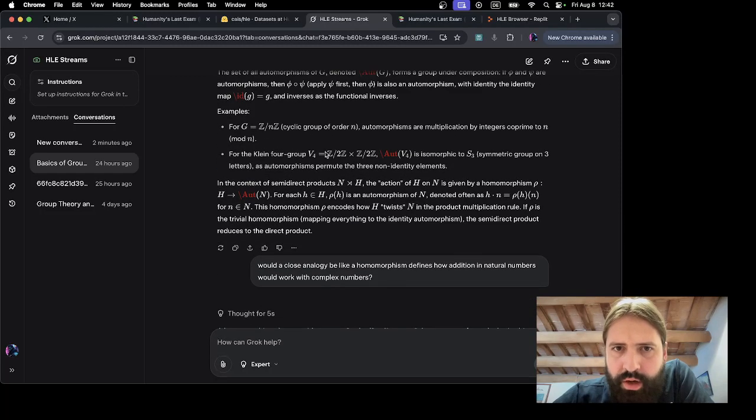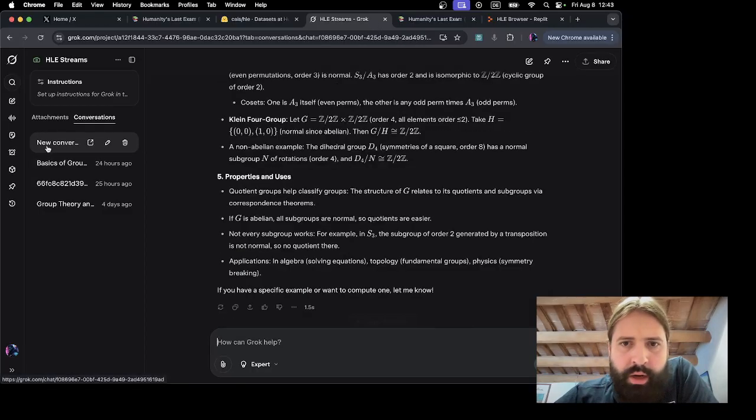So Z over NZ is a cyclic group of order n. Automorphisms are multiplication by integers co-prime to n mod n, exactly. So there was a modular here, and that's what kind of gave it to me.